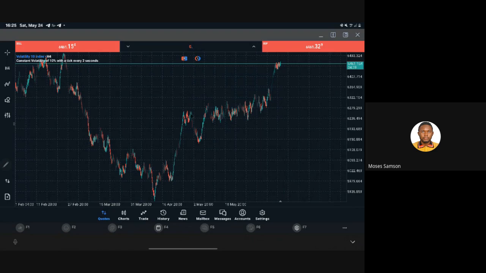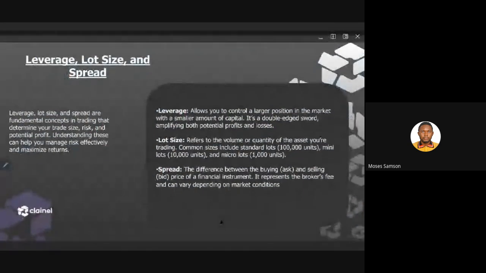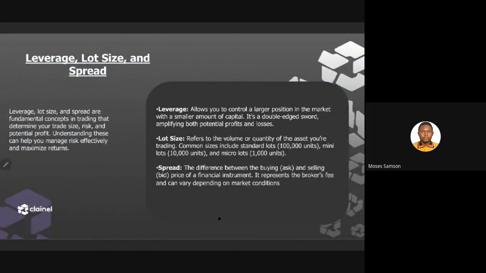So what does lot size actually indicate for us as traders? Lot size indicates the quantity of the assets we want to trade. You need a required margin to be able to open a specific lot size. Your standard lot size, which is 1, is 100,000 units. Then mini lot size is 10,000 units, and micro lot size is 1,000 units.